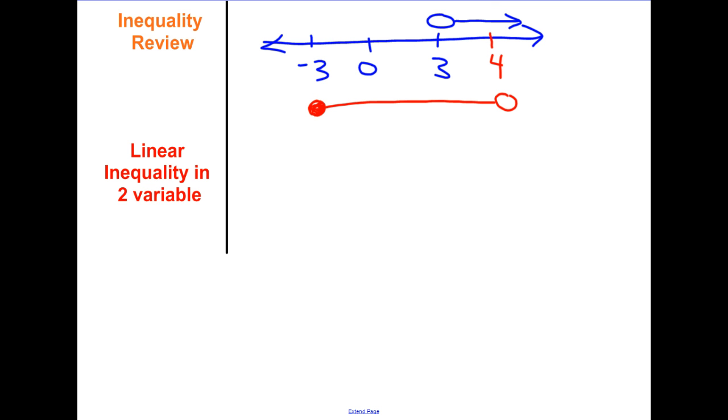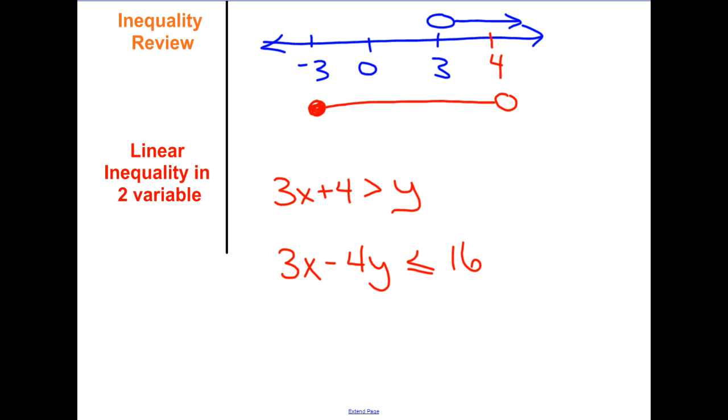Now, a linear inequality that has two variables would be an example like 3x plus 4 is greater than y, or something like 3x minus 4y is less than or equal to 16. Again, those are two-variable inequalities, written in different forms.